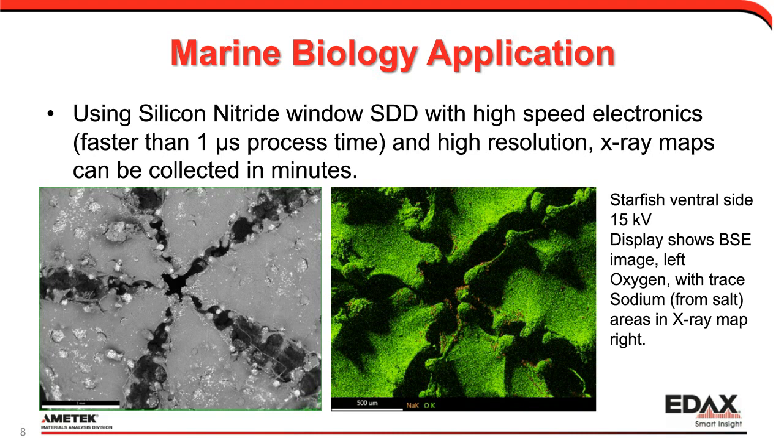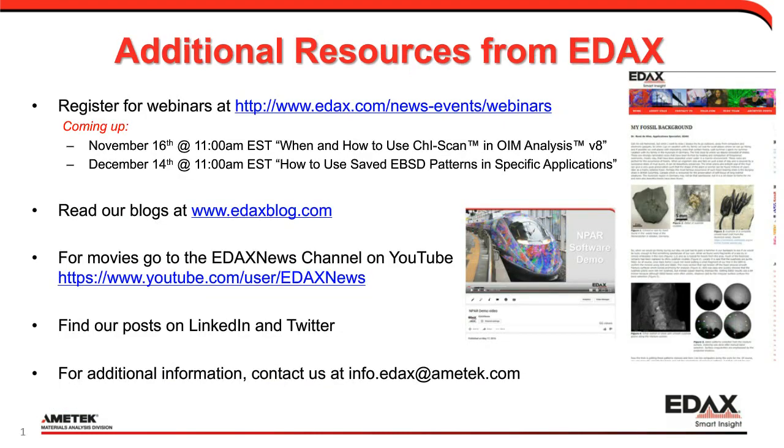Do I put on a conductive layer? Nope. These days we're super lucky to have the variable pressure, and that eliminates all need to do a conductive layer. And this goes far and wide for biological samples, everything from the plant materials that we saw to the biological tissues. Hair is pretty easy.